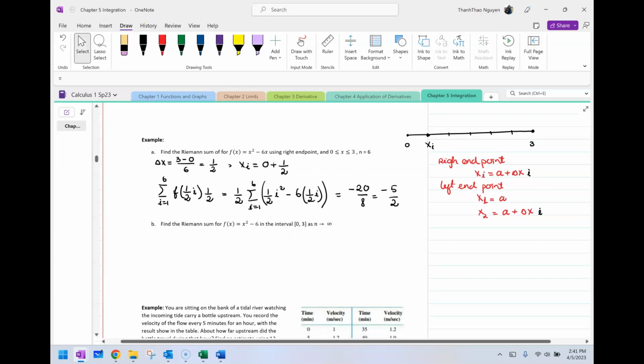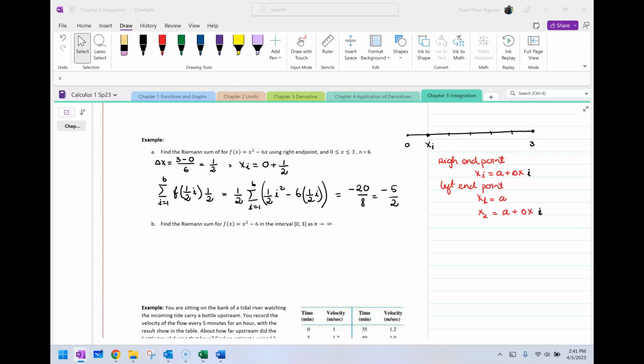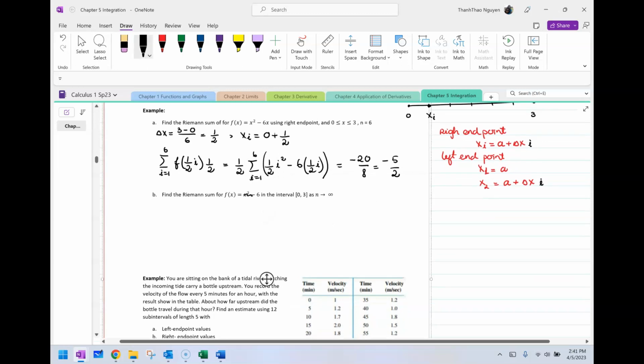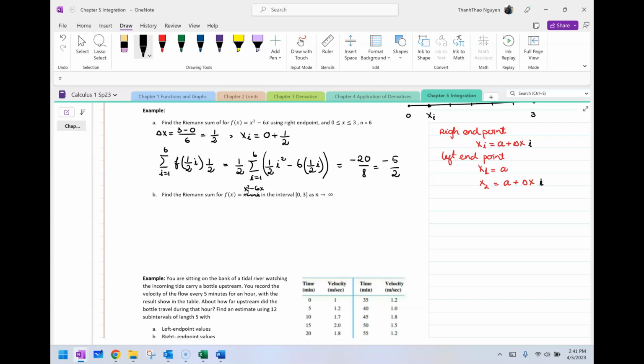So what happens if we go ahead and evaluate this as n approaches infinity? And x squared minus sid x here. Okay. So we're looking at delta x equal to 3 minus 0 divided by n.